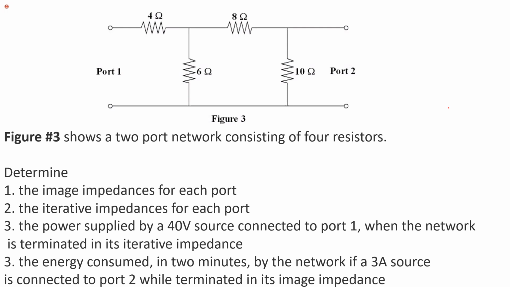And looking at the same port for the short circuit, you will get 10 in parallel with 8 plus 6 in parallel with 4. Okay. And to find the image impedance, it will be the square root of the open circuit multiplied by the short circuit.